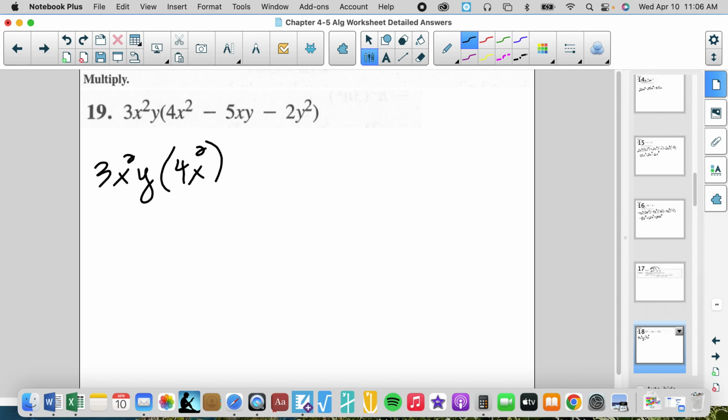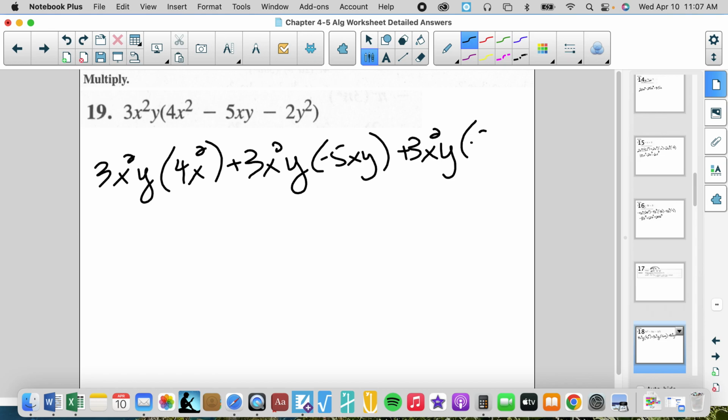4x squared plus 3x squared y times negative 5xy plus 3x squared y times negative 2y squared. So I'm going to multiply. The 3 times 4 is 12. The x squared times x squared is x to the fourth. And then I have the y hanging out left over.